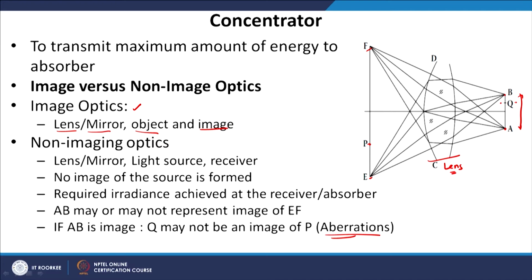So, we cannot use the principles of optics to design our concentrated solar collector. But the point is, we do not need the knowledge of optics to design a solar concentrator, and that is why a branch has been developed called non-imaging optics. What it says is that we do not need to form the image.